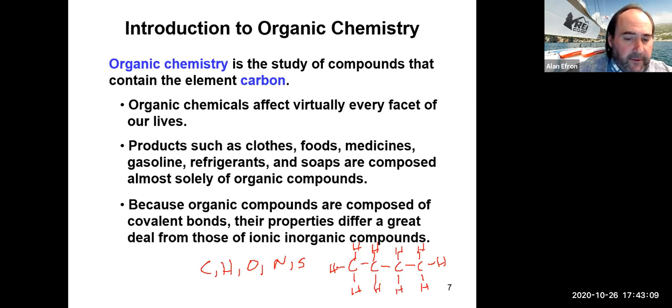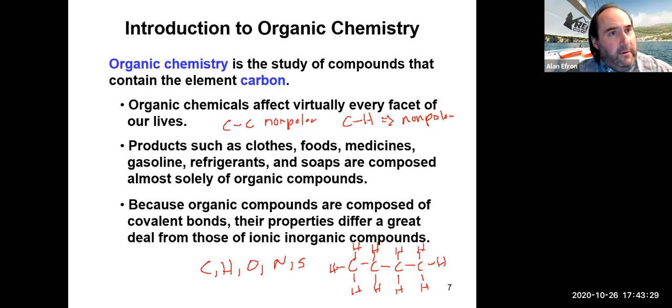For the most part, we see organic things in a lot of substances in our life, but the basic bonding is carbon to carbon, which is a non-polar bond, and also carbon to hydrogen, if you remember from electronegativity, also considered a non-polar bond. So organic molecules are usually, for the most part, non-polar. There are some that have polar parts to them, which allows them to interact with things like water. But the vast majority of organic compounds are those non-polar guys.